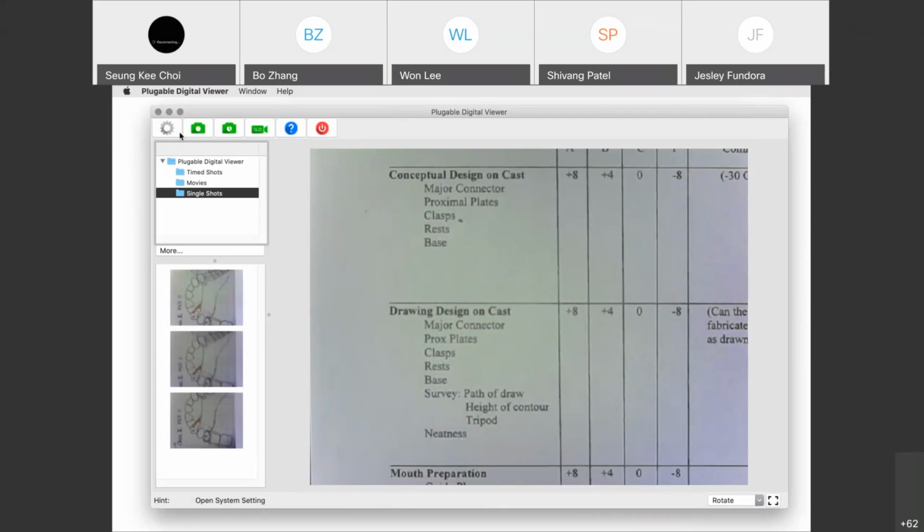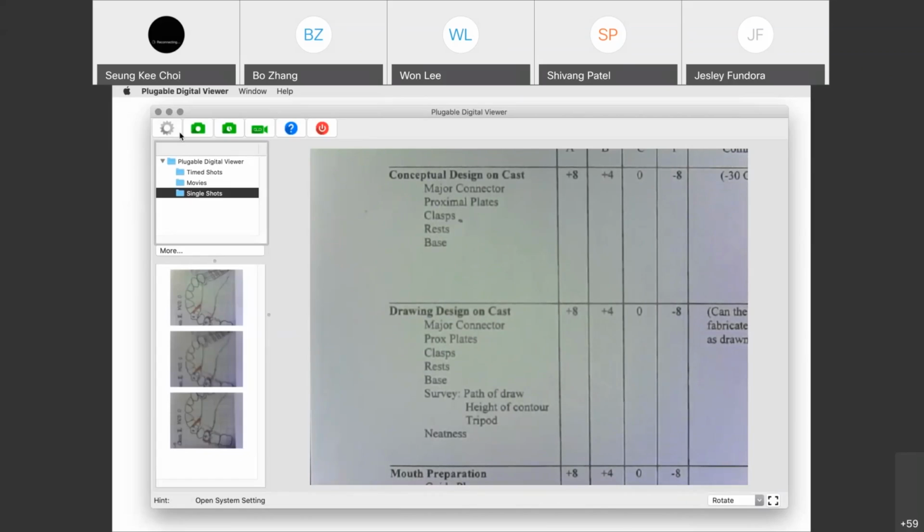Here's an example of what conceptually a mistake might be. Mid-facial, if you didn't put it there, it's a conceptual mistake in my opinion. Drawing-wise, if you wrote on the prescription that you wanted mid-buccal retention for I-bar 0.01 inches, but on the drawing you actually put it on mesial buccal, that's a drawing error, because I see that you understood you were prescribing a mid-buccal I-bar, but you just drew it wrong.